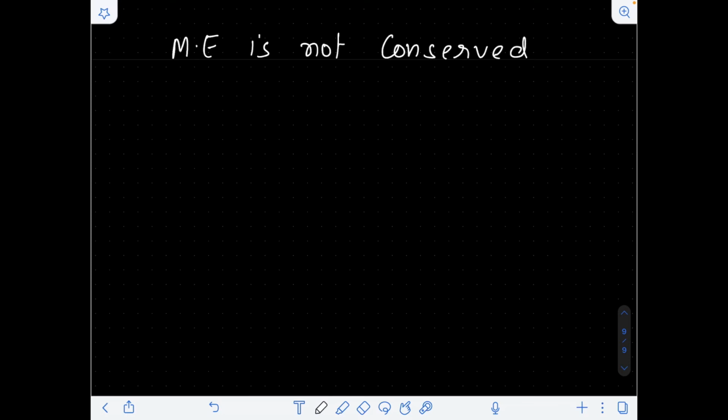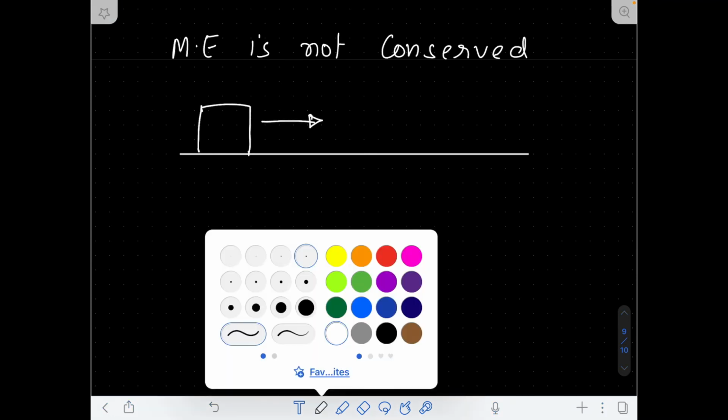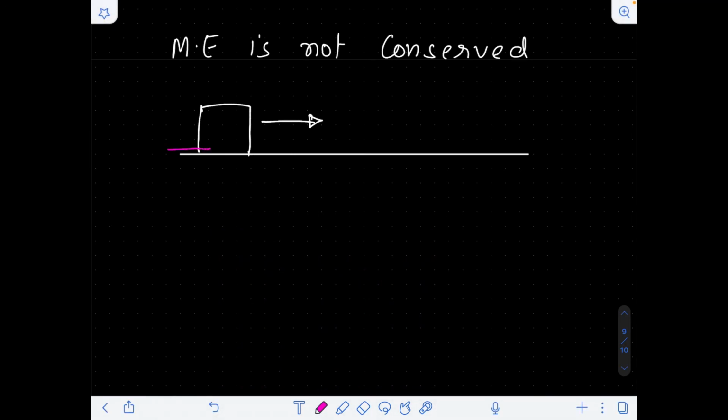Let's say again, this is the ground. We have an object and this object is moving in the right direction. Therefore, the friction will act in the opposite direction.